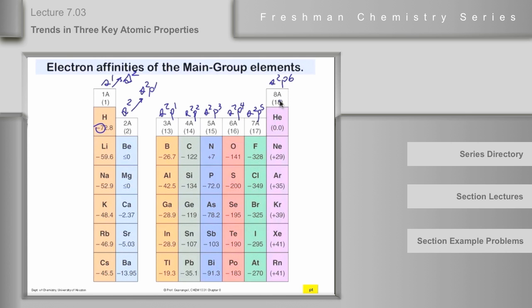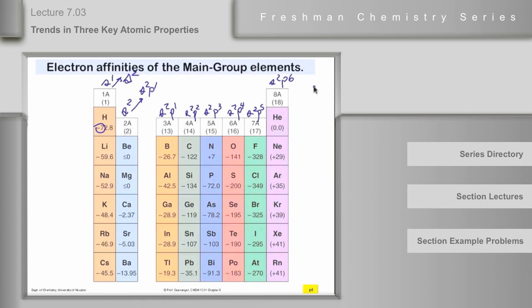And the elements in the 8A column already have a stable filled electron configuration here, filled S and filled P. So they have very unfavorable electron affinities because the next electron's got to go up here into the next S subshell.